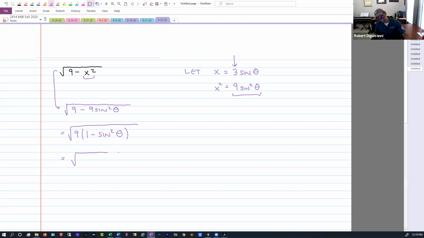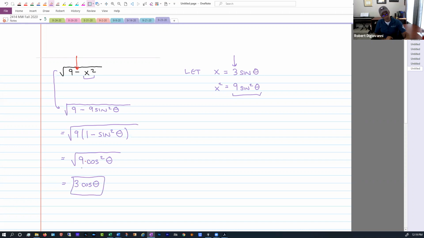So this becomes the square root of 9 cosine squared theta. And now what I've done is I've taken this minus that was there, that we couldn't split into 2 roots or anything, and I've gotten rid of it. Now I've got multiplication, so I can just take the square root of each of those. The square root of 9 is 3, and the square root of cosine squared is cosine.